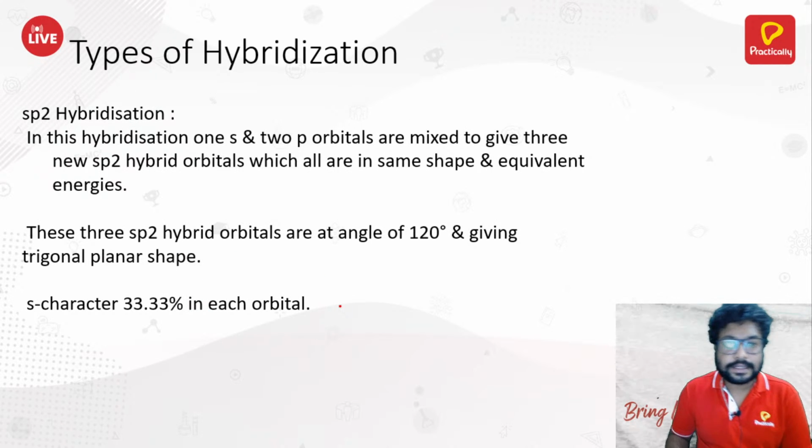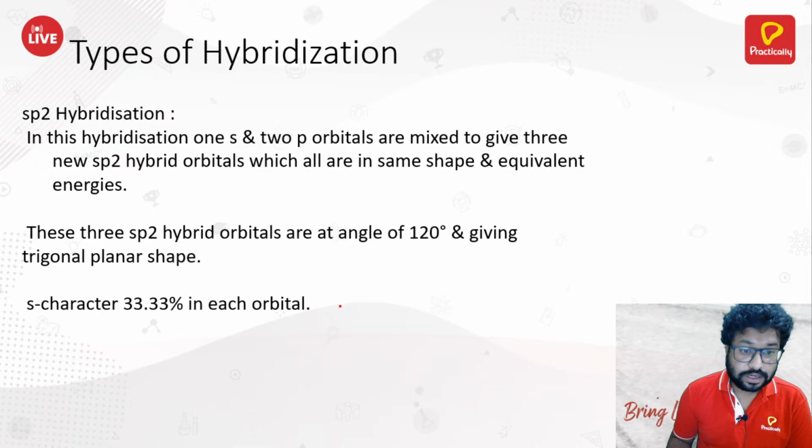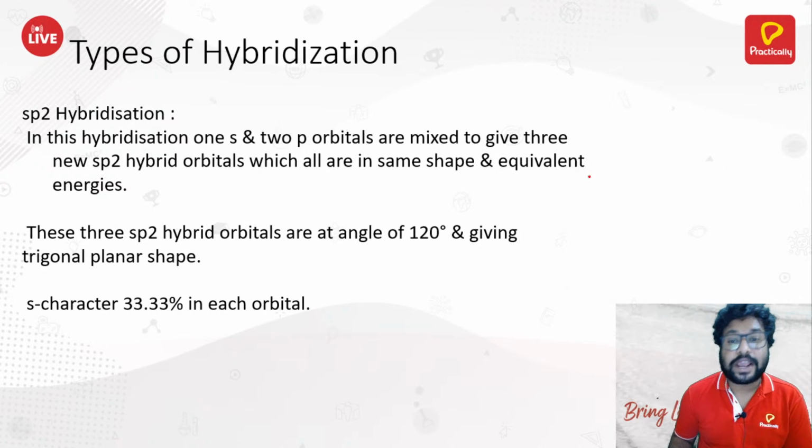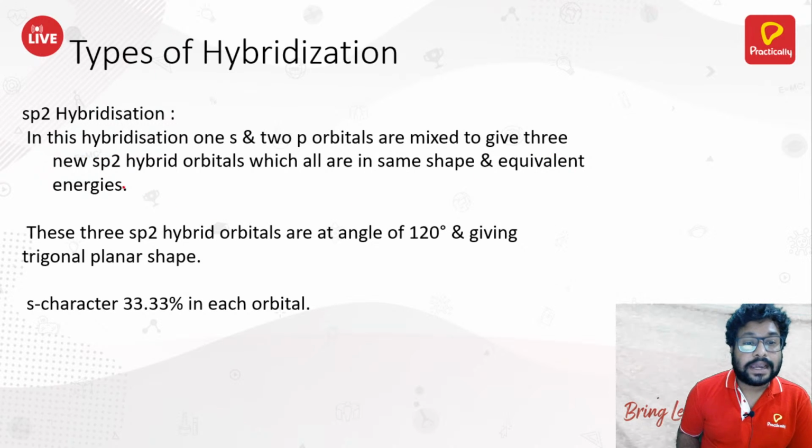Next, sp2 hybridization. In this hybridization, one s and two p orbitals are mixed to give three new sp2 hybrid orbitals, which are the same in shape and equivalent in energy.